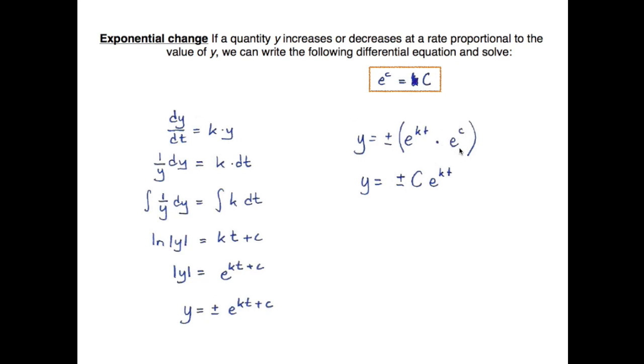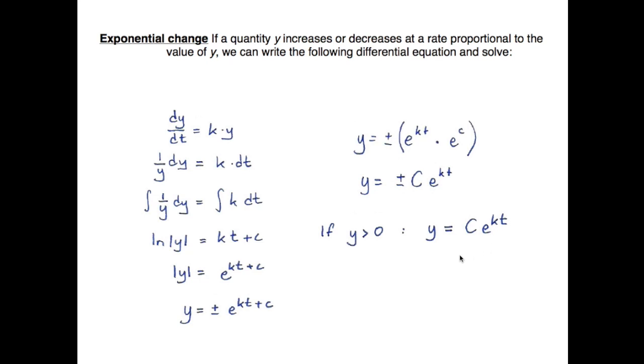So this capital C can be brought in front, and we now have y equals plus or minus capital C times e to the power of kt. We have two constants in this equation. We can choose values for both of them. Finally, if y is greater than 0, then we can only focus on the positive values of capital C. y equals C e^(kt).